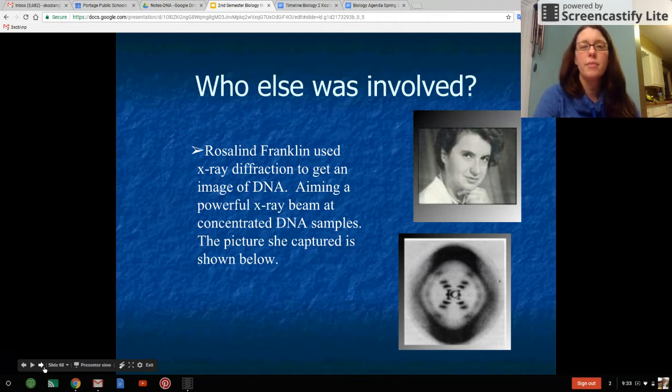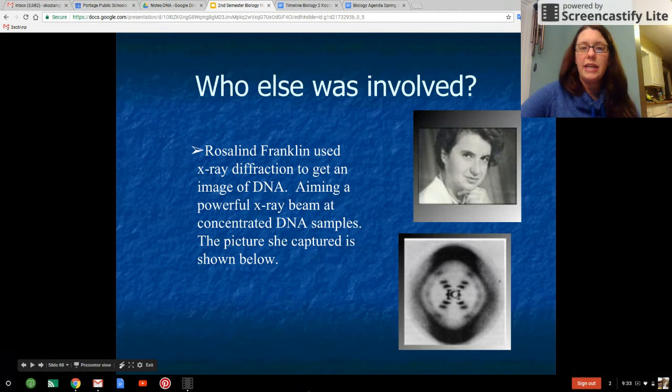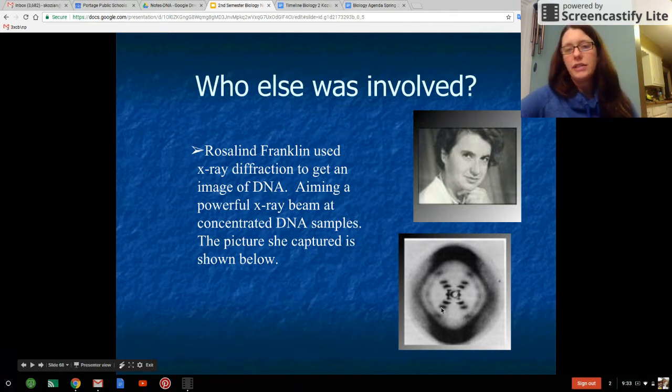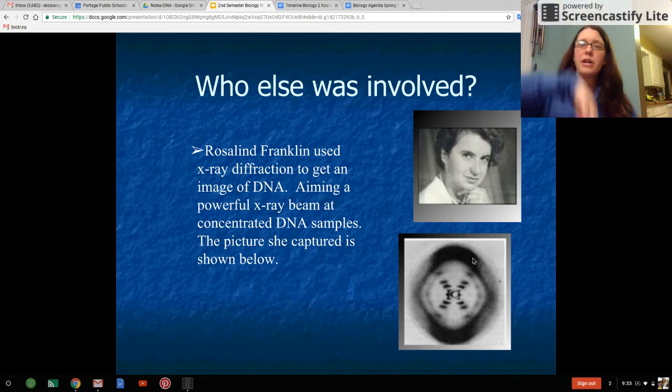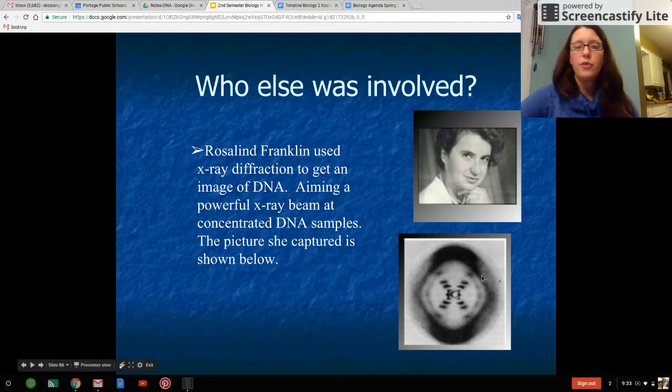She used X-ray technology to look at DNA from the top down. You can see right here, this X is our double helix wrapped around itself. If you look at your double helix from the top down, as I'll have done in class as well, it actually looks like an X. So here's her famous photo 51.